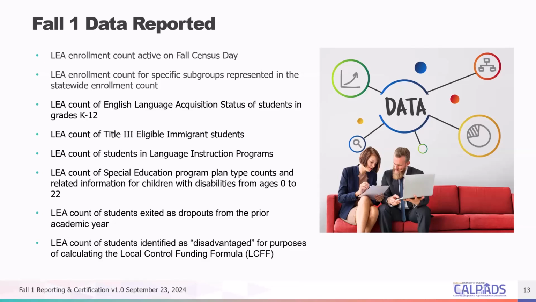The count of Title III eligible immigrant students, the count of students in LIP programs or language instruction programs. We take a count of the special education program plan types, a count of students exited as dropouts from the prior academic year, and then, of course, the all-important count of students who are FRPM eligible, those students who are counted as disadvantaged students for the purposes of LCFF funding.